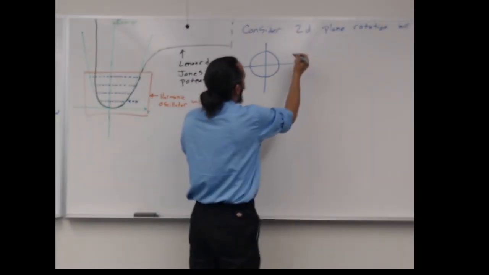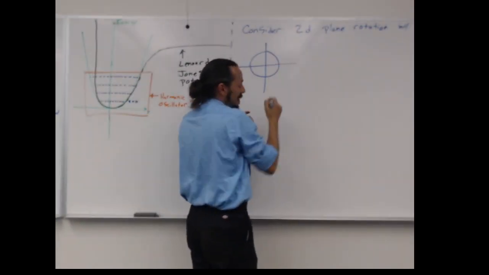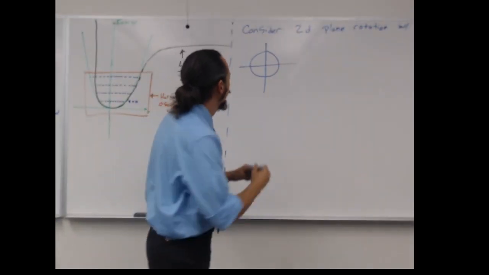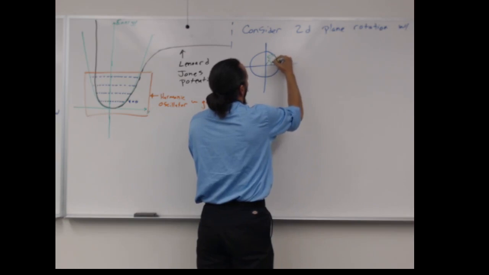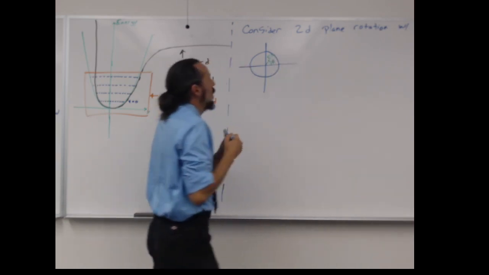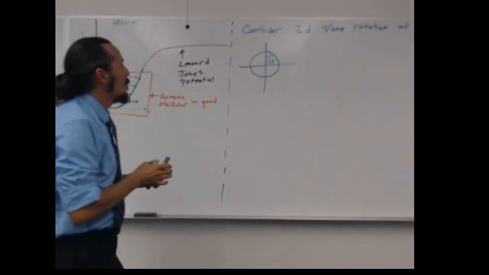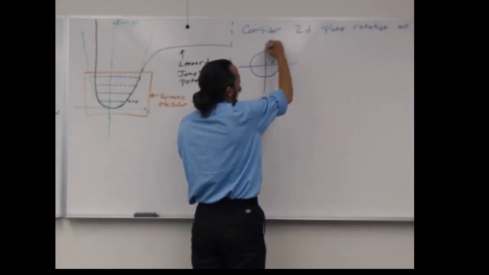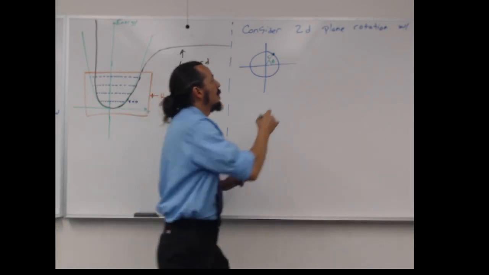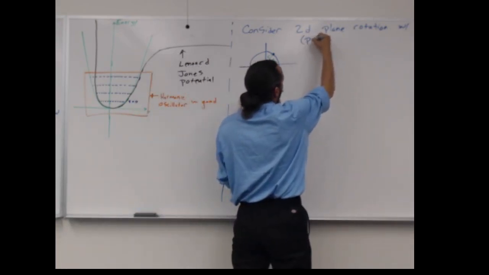So we're going to have this situation where there's a particular distance, r, and there's a particular angle, phi, that can rotate through. The particle is going to be stuck at that distance on that ring. This is sometimes referred to as particle on a ring.